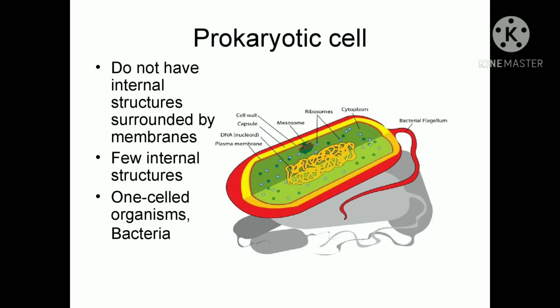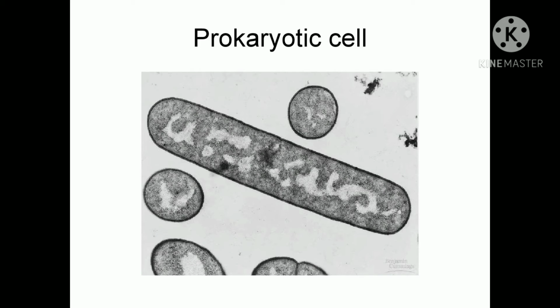Here you can see the prokaryotic cell. Here we have the cell wall and everything. These are the prokaryotic cells as seen under the microscope. They generally have bacterial flagella, cytoplasm, cell wall, mesosome, and so on.